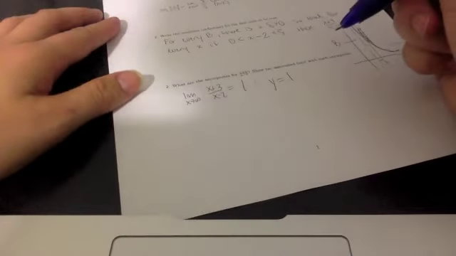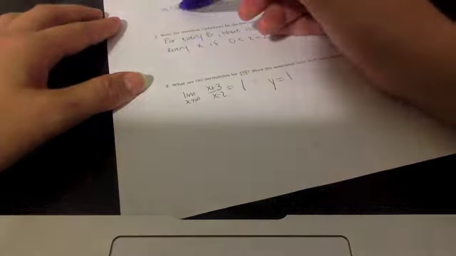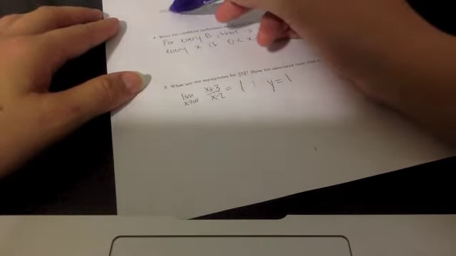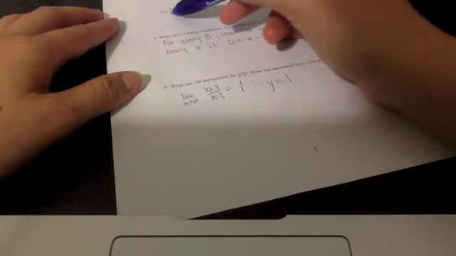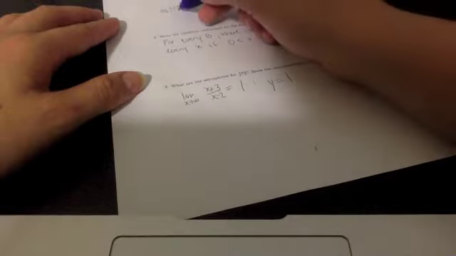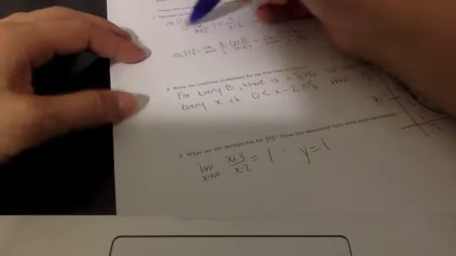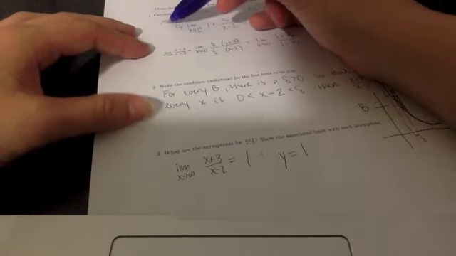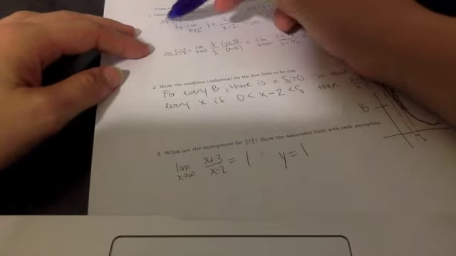Now our vertical asymptote, well, as you know, that's when the denominator of the fraction can be 0, right? So based on this problem, we know we have a vertical asymptote at 2.